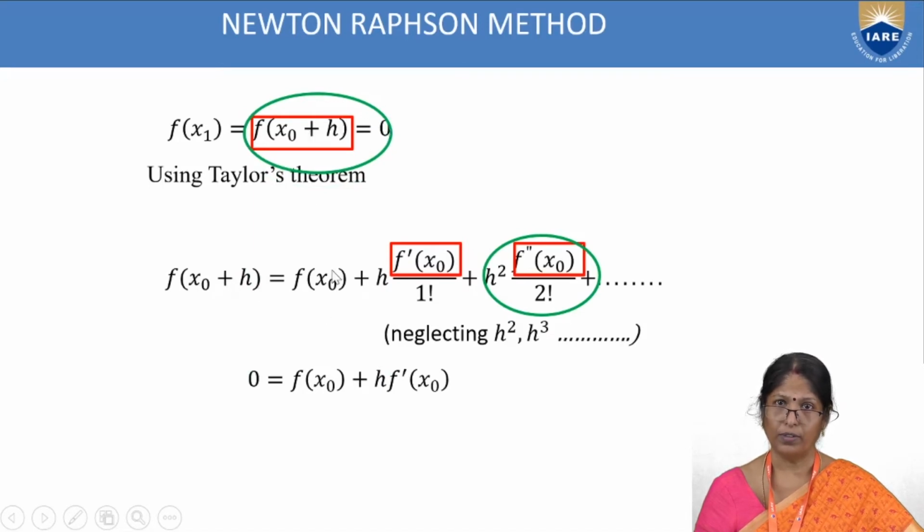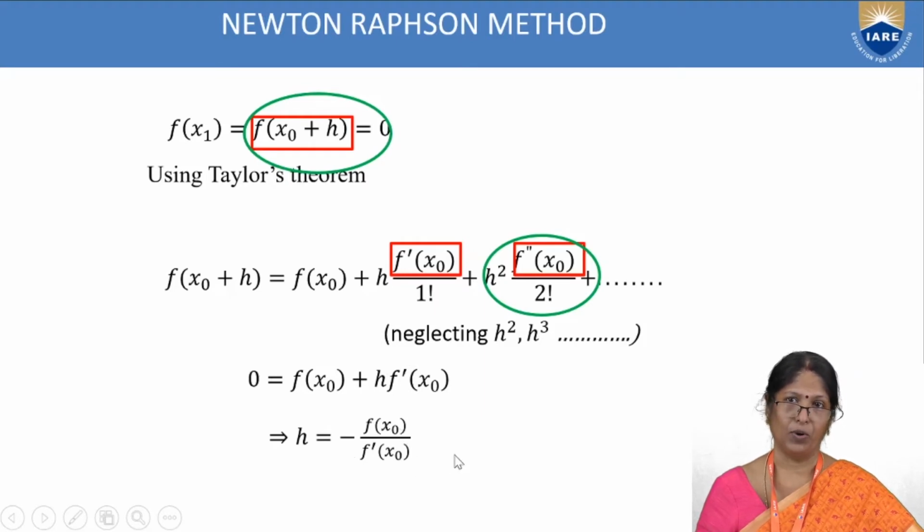This 0 we have written because the left hand side is equal to this. Now f of 0 equal to f of x naught plus h into f dash of x naught. From here we are deriving h is nothing but minus f of x naught by f dash of x naught.